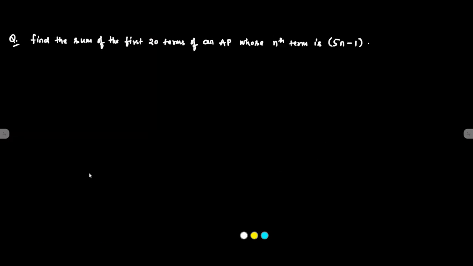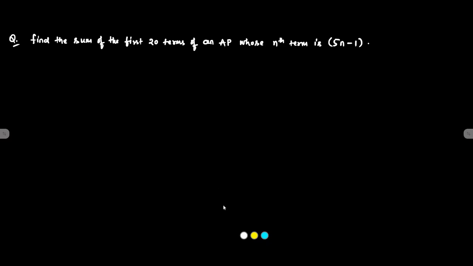So here is another question on the sum of n terms of an AP, that is arithmetic progression. It is given, find the sum of the first 20 terms of an AP whose nth term is given by 5n minus 1.